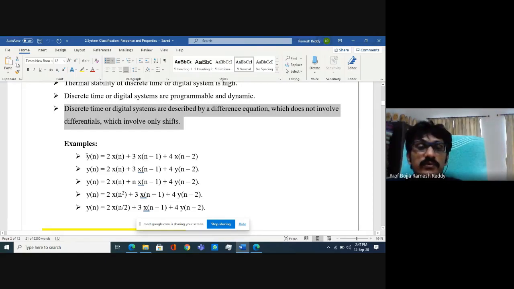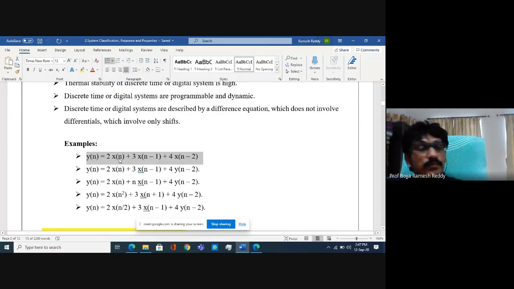Here the examples are very clear. See the first example: y of n is nothing but output, x of n is nothing but input. Present output depends on present input x of n, and past inputs: x of n minus 1 is a past input, x of n minus 2 is also a past input. Here present output depends on present input and past inputs, that's all.